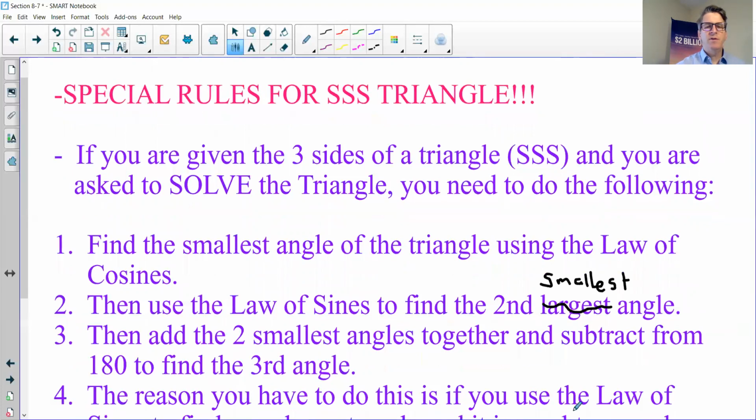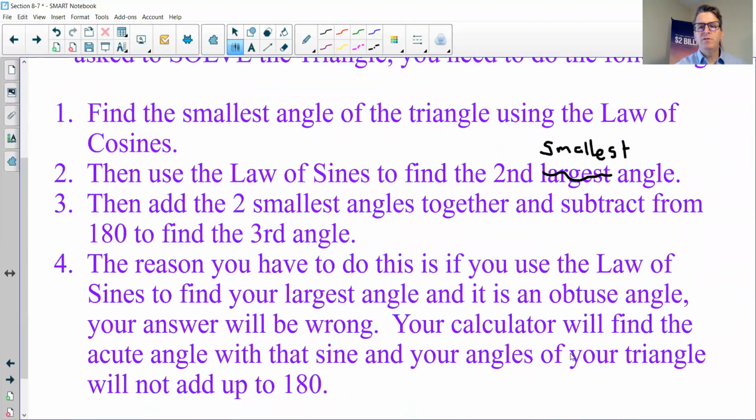The reason you have to do this is if you use the law of sines to find the largest angle and it's the obtuse angle, your answer will be wrong. Your calculator will find the acute angle with that sine, and the angles of your triangle will not add up to 180.